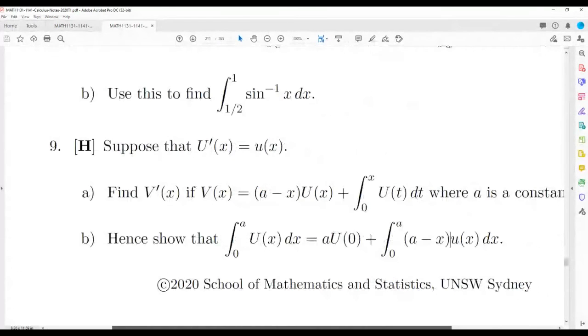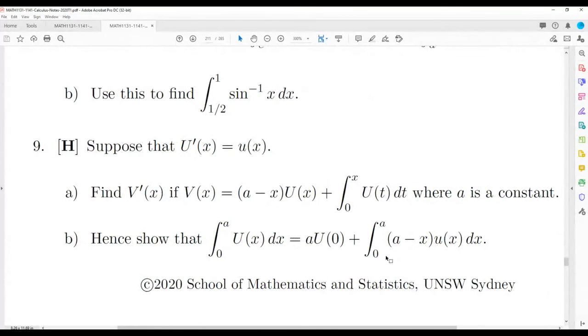Oh, too big. Oh yeah, no, that's okay. All right, so I'm looking at question 9 here. So question 9 also kind of has an integral equation. It's got an equal sign and it's got an integral sign. So it's kind of known as an integral equation.